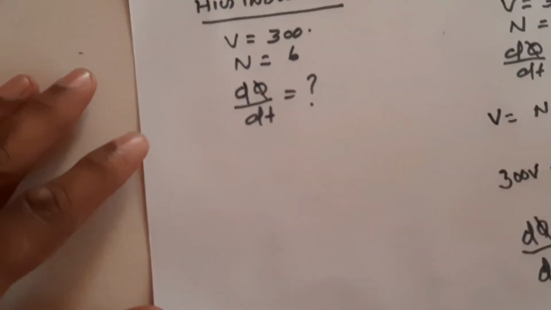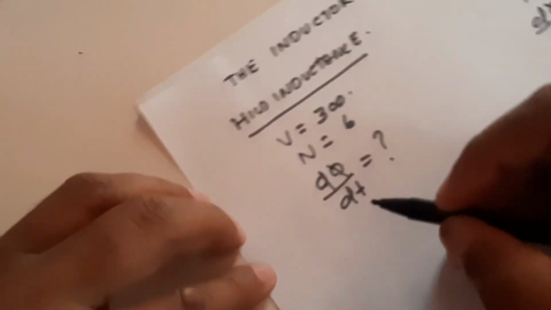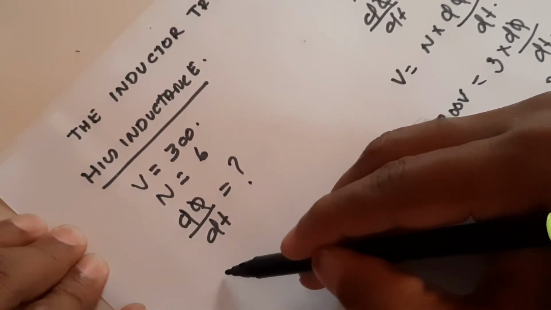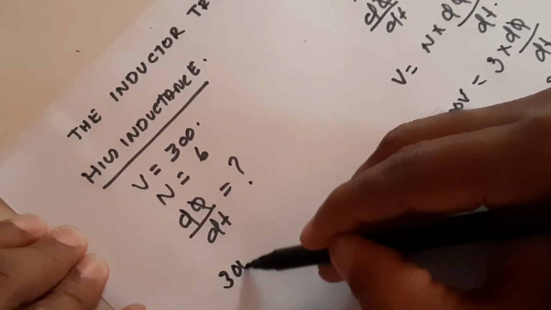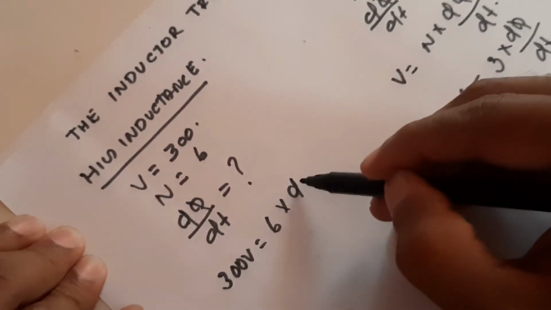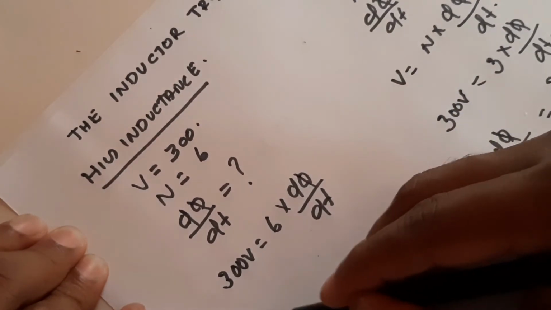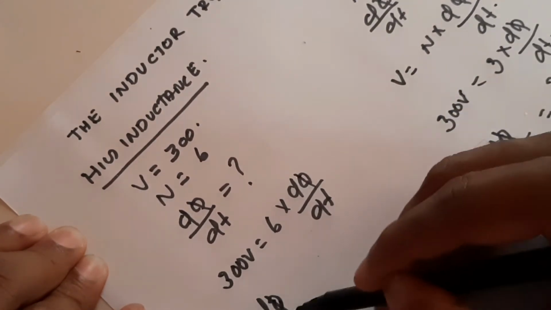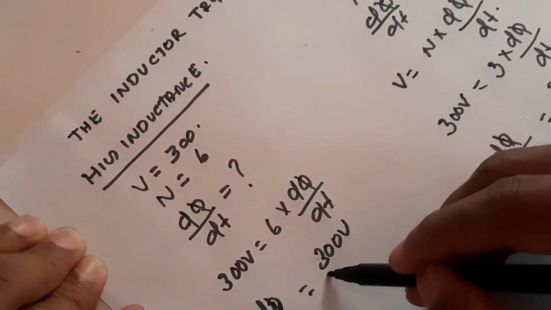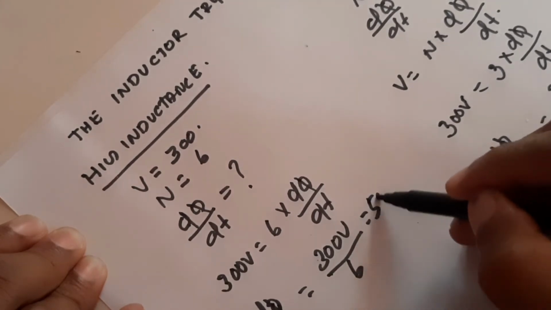Whereas in this case, the input voltage we have to oppose is 300 volt, and the number of turns is 6. And what should the change in flux be? The dφ by dt should be 300 volt divided by 6, which is equal to 50 volt.